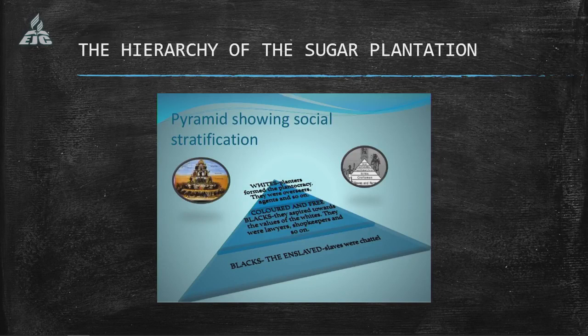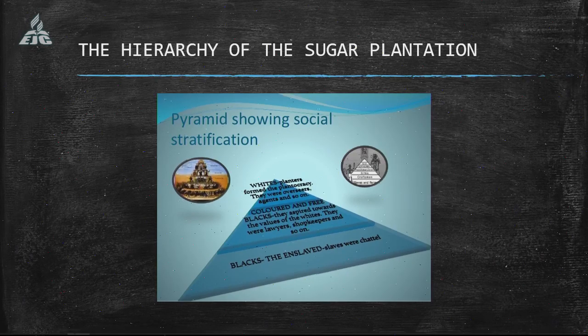They were in control. They were the big planters. Some of them lived in the Caribbean, some lived abroad, and they were also called absentee owners. They lived abroad and operated from abroad. So the white planters formed the plantocracy.